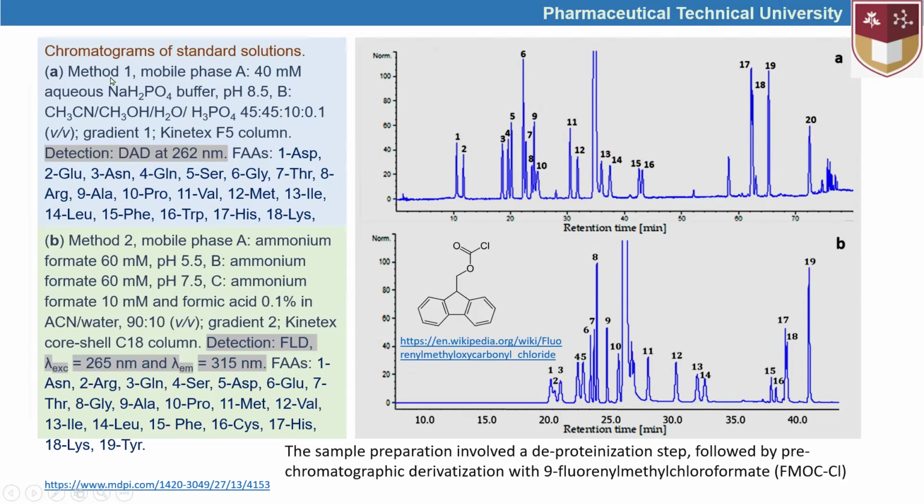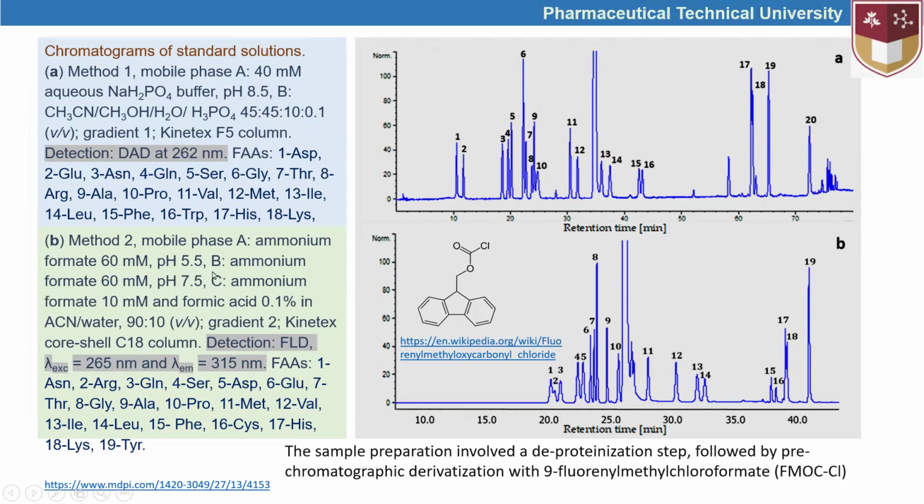Here we can see method one: mobile phase A bottle has 14 millimolar aqueous sodium dihydrogen phosphate buffer, pH adjusted to 8.5, and in B bottle there is a mixture of acetonitrile, methanol, water, and phosphoric acid at 45 to 10 to 0.1, volume ratio.